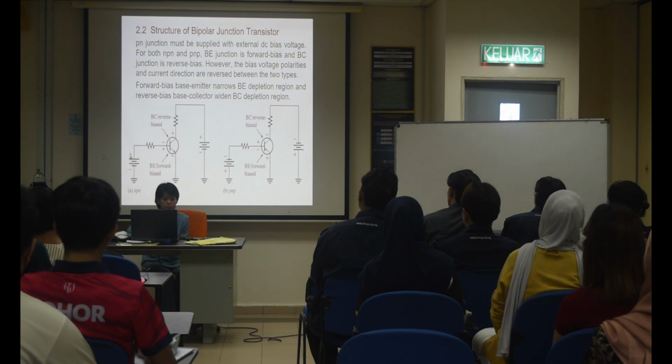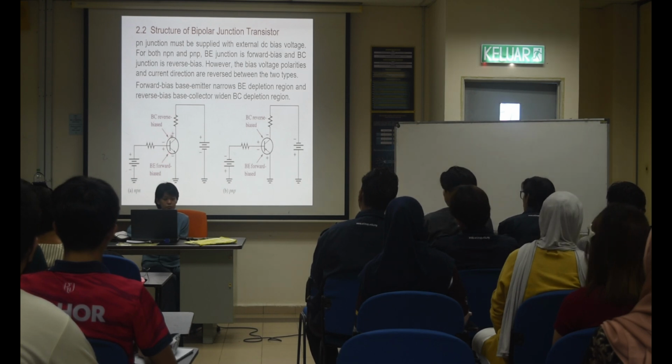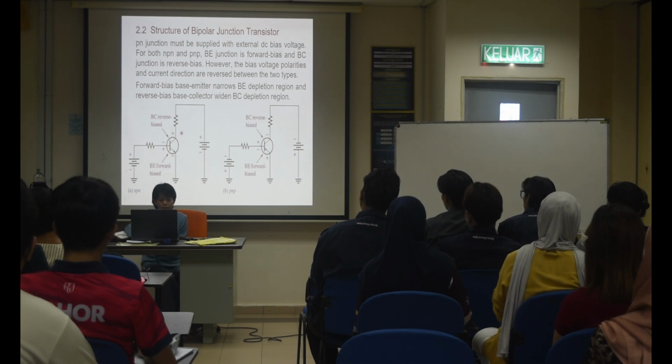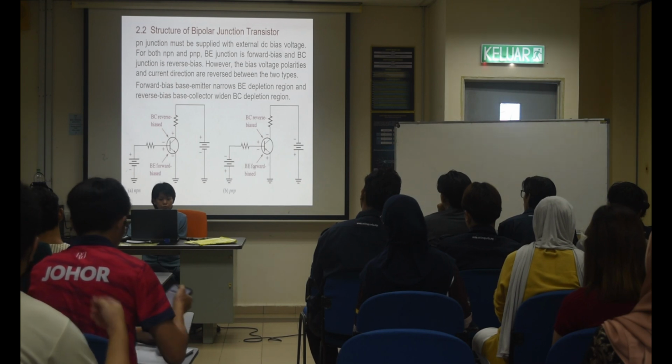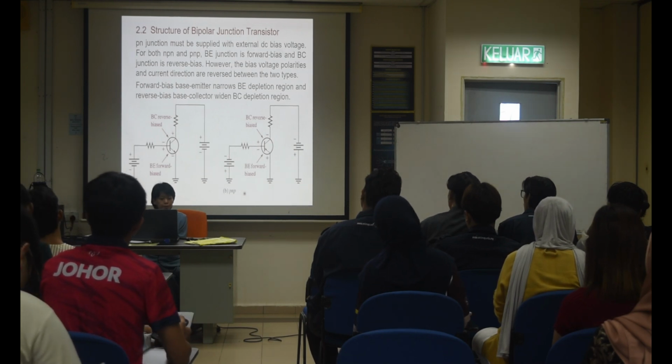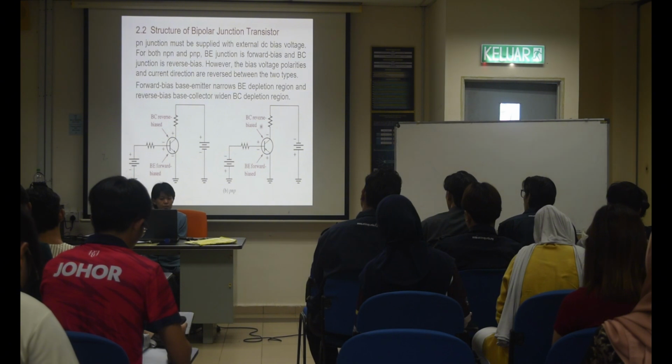Here you see it coming in and then here will be forward bias. This part is forward bias, this one is reverse bias. So you have two power supplies. Same here, you have to reverse your battery for the NPN. So only then you get reverse here, forward here.